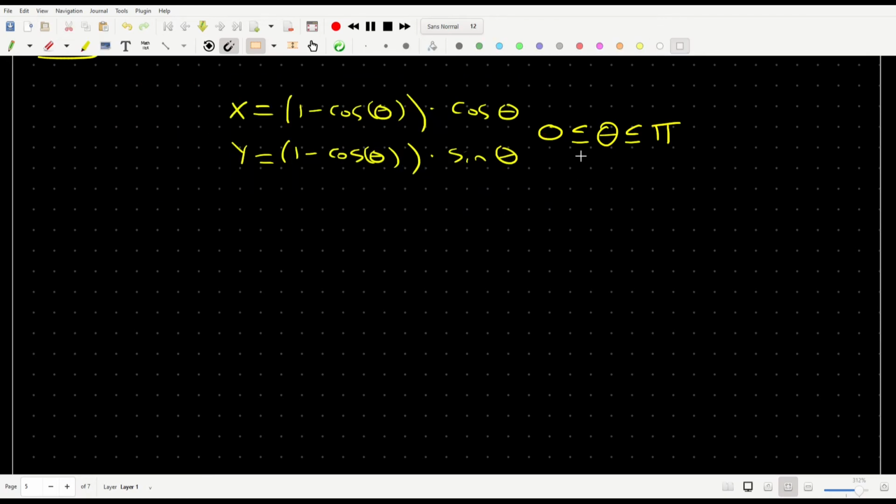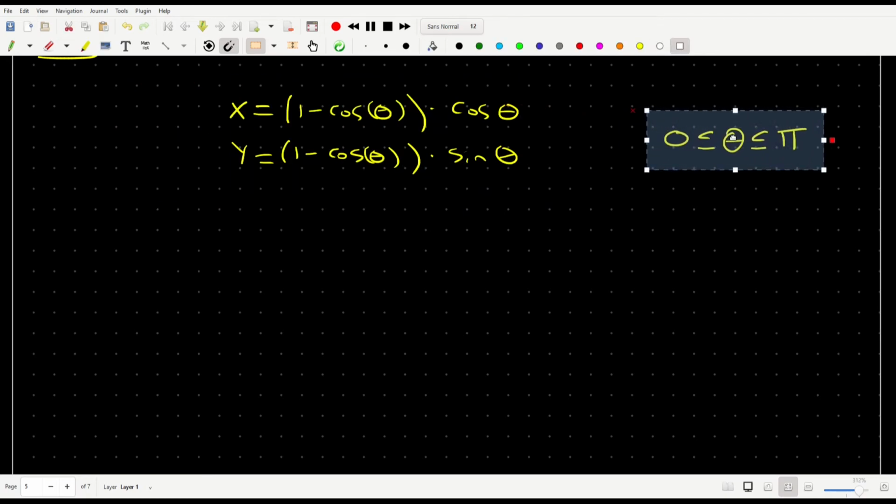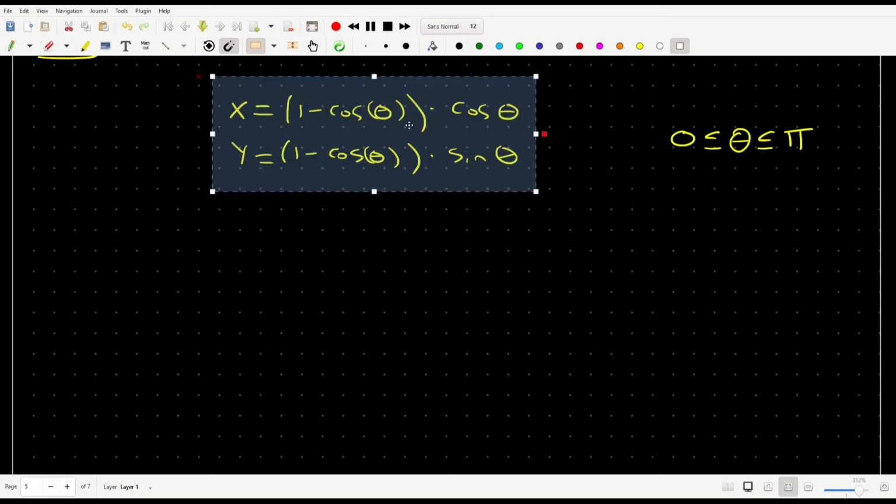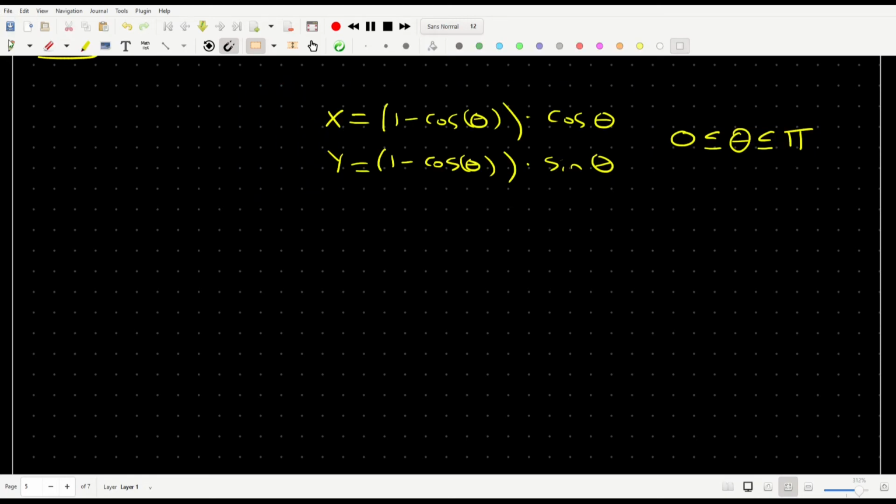And the reasoning here is specifically because of the shape of the cardioid and the fact that this is the region for theta from 0 to pi where the cardioid has a positive value of y. And remember that when we derived our surface area formula, this is one of the big things that we needed to hold true.